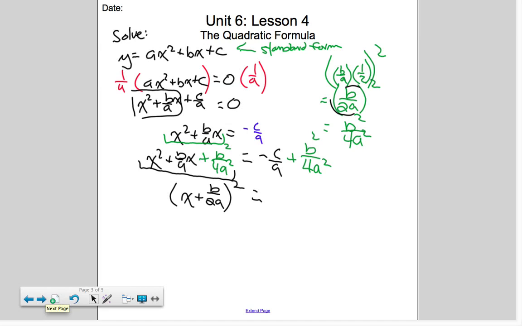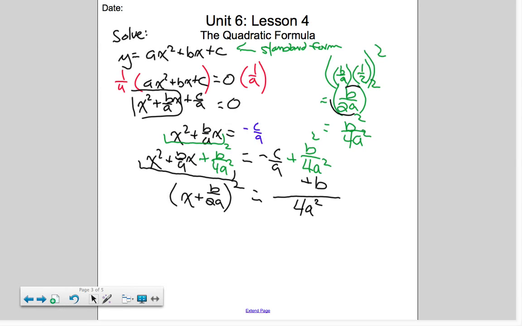So my common denominator here is going to be 4a squared, right? So I'm going to be adding a b squared up here. And with the negative c over a, what do I have to do to get that common fraction?